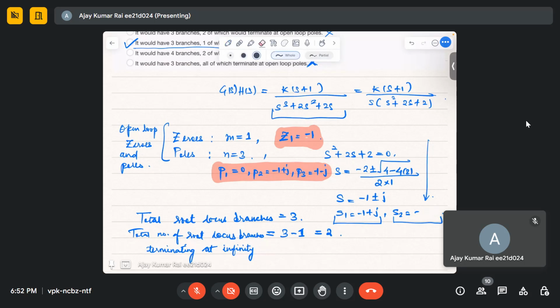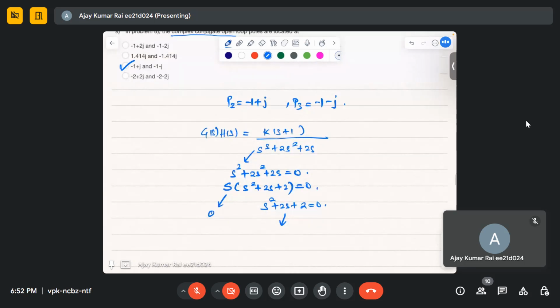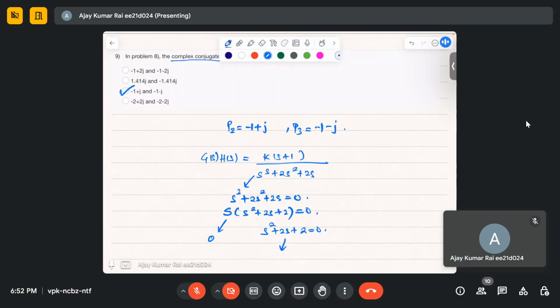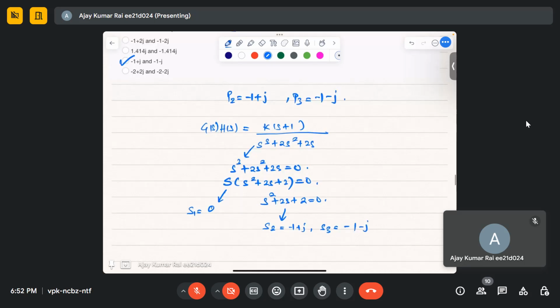So that's what it was asking. Directly, we had already calculated in the previous question, that's why I didn't solve. Okay, I hope it's now clear. So the solution is s2 you will get -1 plus j, s3 you will get -1 minus j, and this is s1. I hope now it is clear.